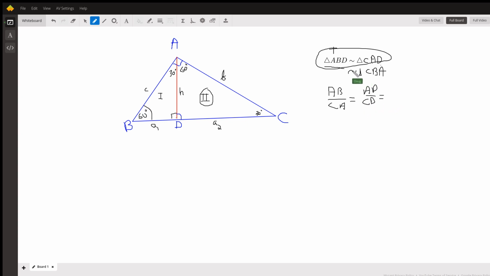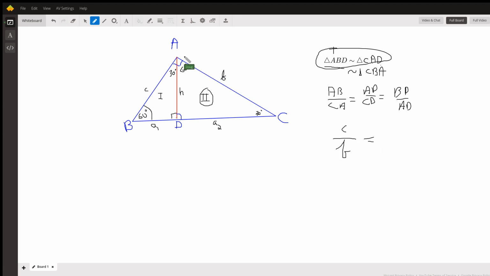And BD corresponds to AD. And let's use the letters that are on the diagram. AB is C. CA is B.